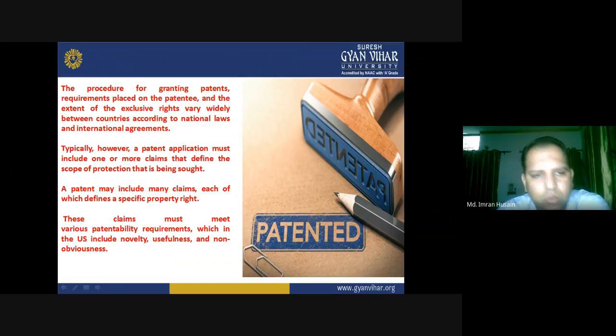So, if you want to use it, take permission or give him the privileges he demands, the amount of money he or she needs. All these things come under patent law. These claims must meet various patentability requirements, which in the US include novelty, usefulness, and non-obviousness. All these things come under the umbrella of patents.